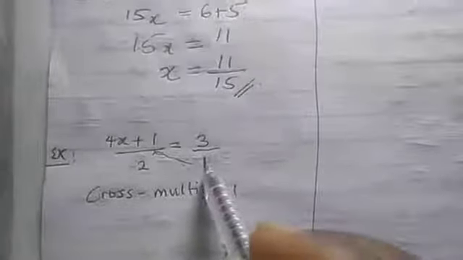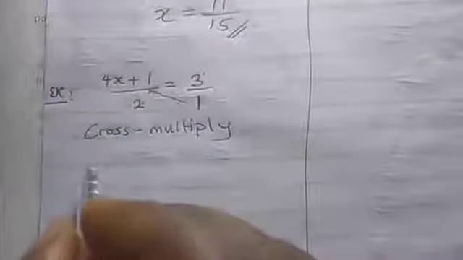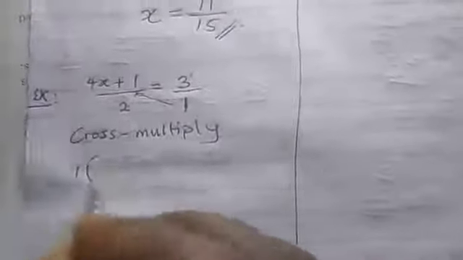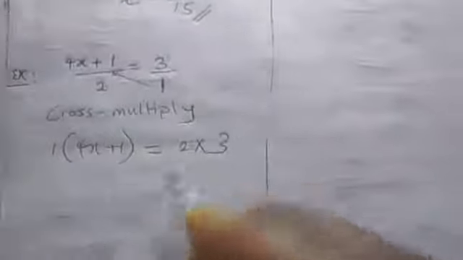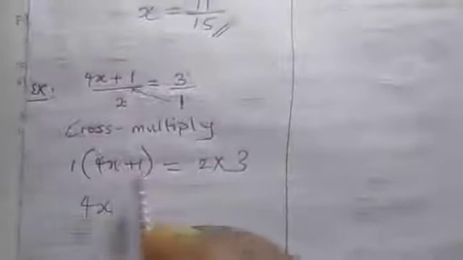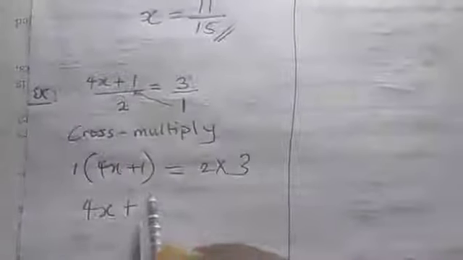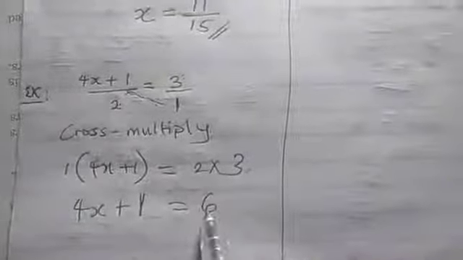That simply means I use 1 to multiply all this, and I'll use 2 to multiply this. So in this case, our answer will be 1 times 4x plus 1 equal to 2 times 3. So 1 times 4x will still be 4x, plus 1 times 1 will still be 1. 2 times 3 will become 6.